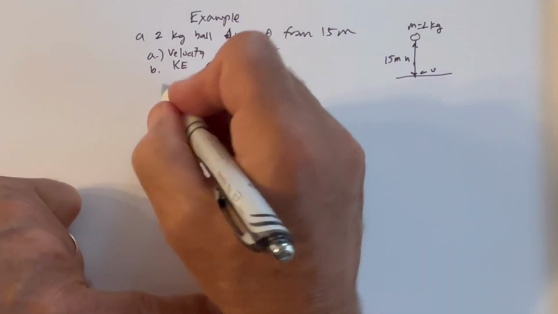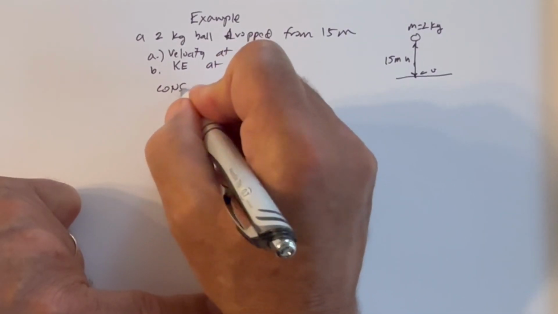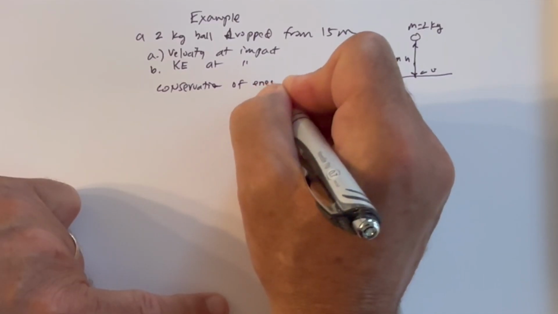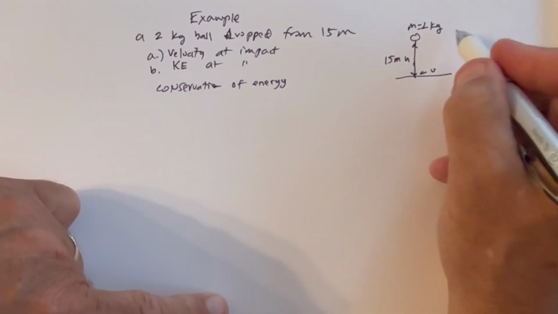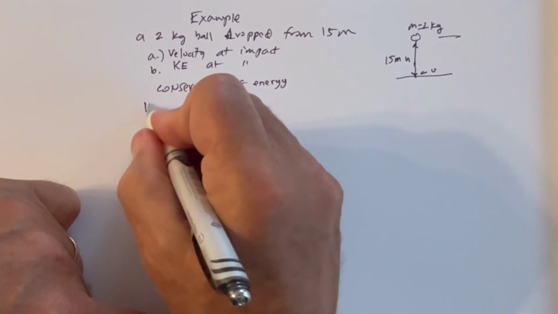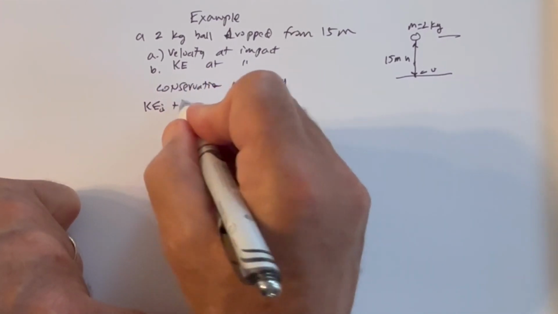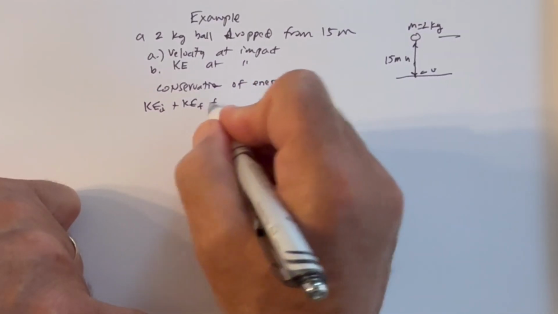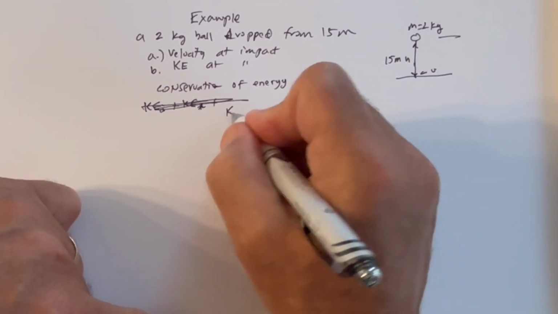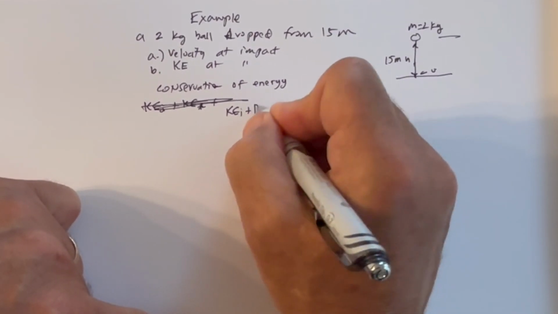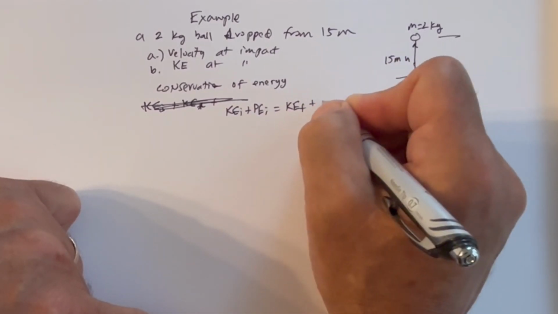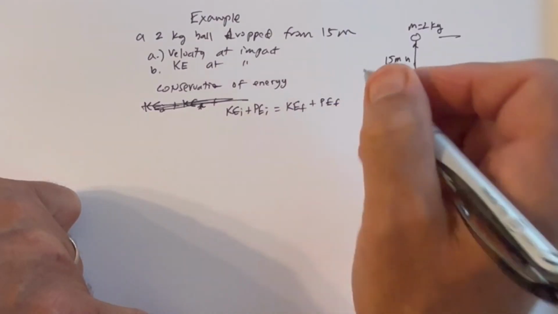So first thing we want to do, let's just use our conservation of energy. Kinetic energy initial plus the potential energy initial is equal to the kinetic energy final plus the potential energy final.